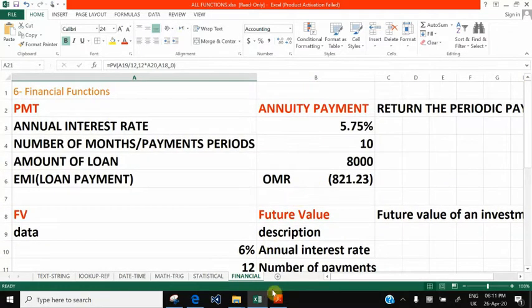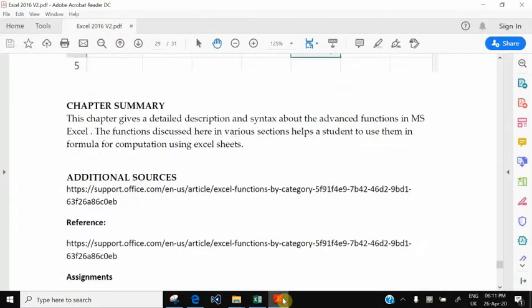All in all, we have covered this chapter, which gives a detailed description and syntax of the advanced functions in MS Excel. The functions discussed here, in various sections, help a student to use them in formulas for computation using an Excel sheet.